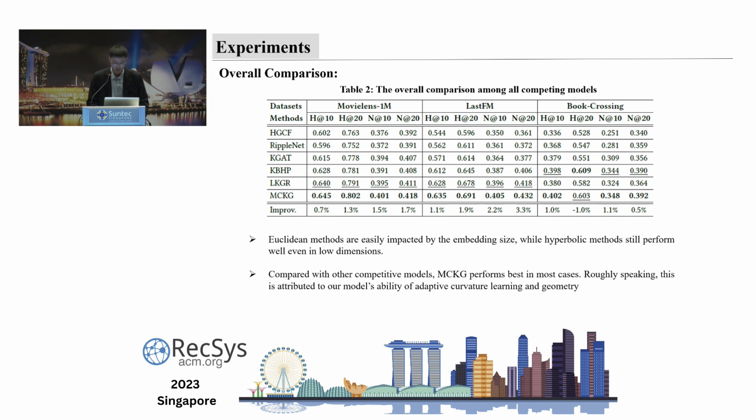First, Euclidean methods are easily impacted by the embedding size, while hyperbolic methods still perform well even in low dimensions. Second, compared with other competitive models, MCKG performs best in most cases. Roughly speaking, this is attributed to our model's ability of adaptive curvature learning and geometry.